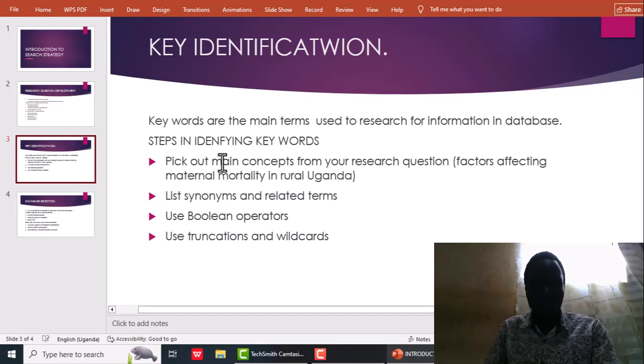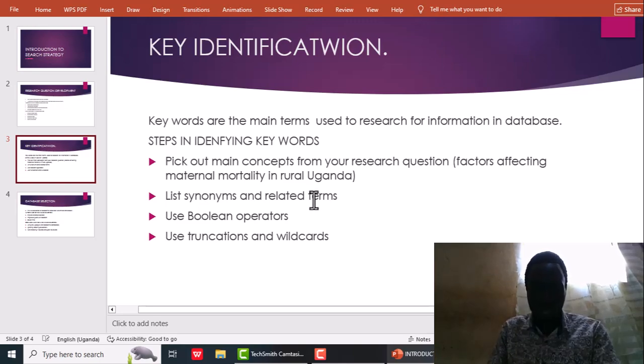One, pick out the main concepts from your research question. For example, if my research question is factors affecting maternal mortality in rural Uganda, the key concepts here will be maternal mortality, rural Uganda, and factors. Then list synonyms or related terms.